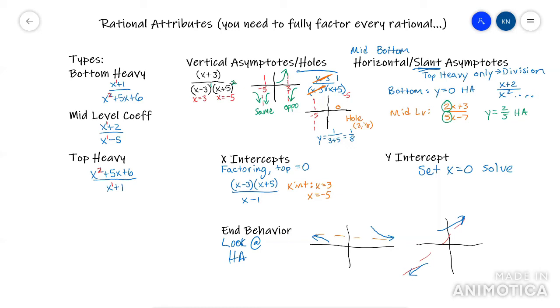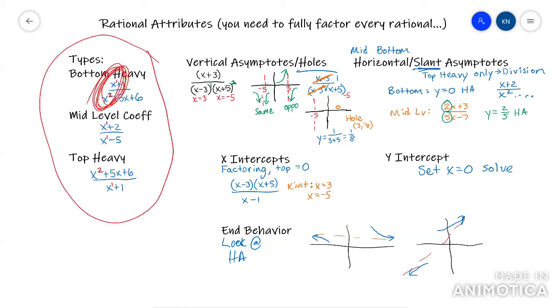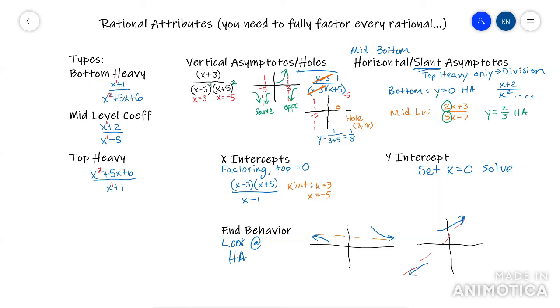So before you go watch any of my next videos, you better know all this information. You better know the types, how to recognize the type, look at the exponents. You better know how to find the vertical asymptotes, and you know what to look for when it's a hole. Remember, a hole is when something cancels. And to find the location of the hole, like the y value, you're going to plug in the x value into the equation and solve for it.